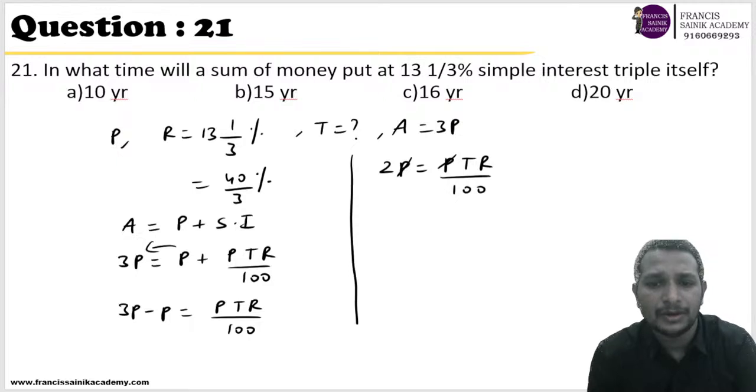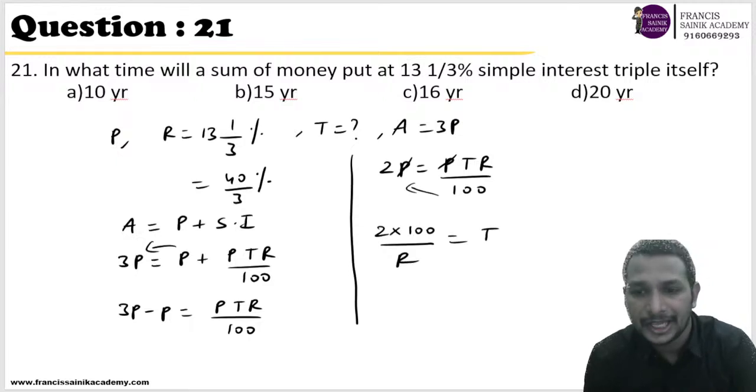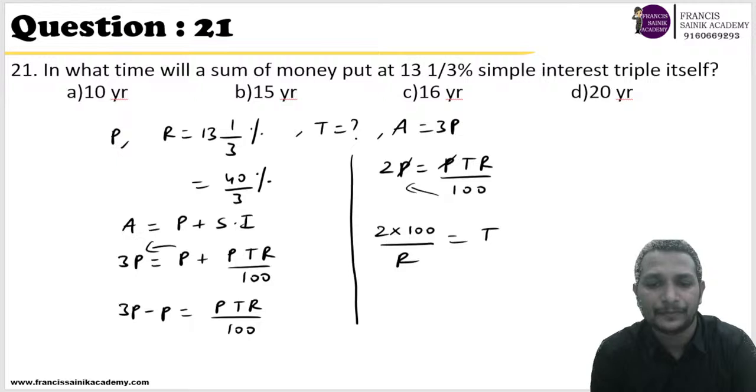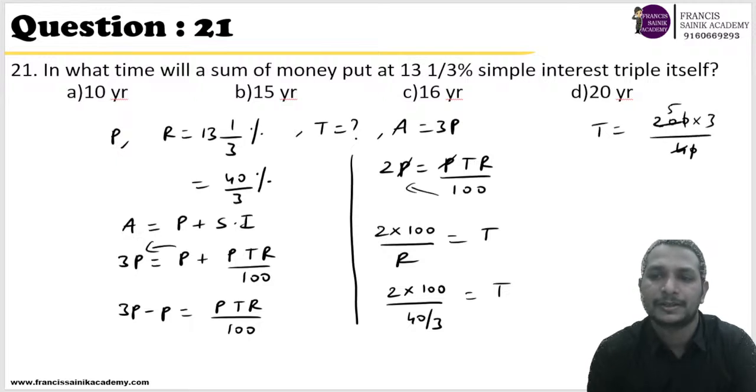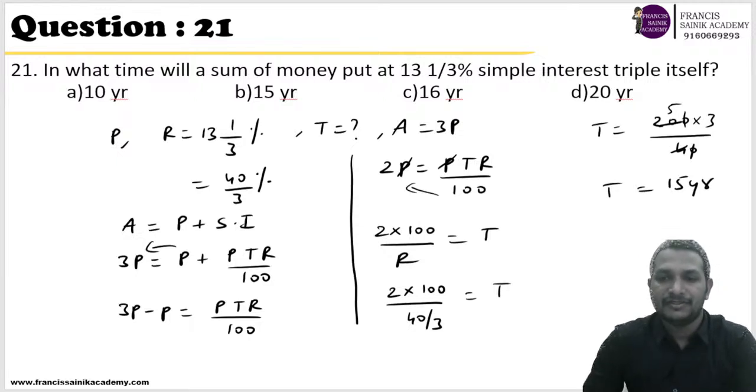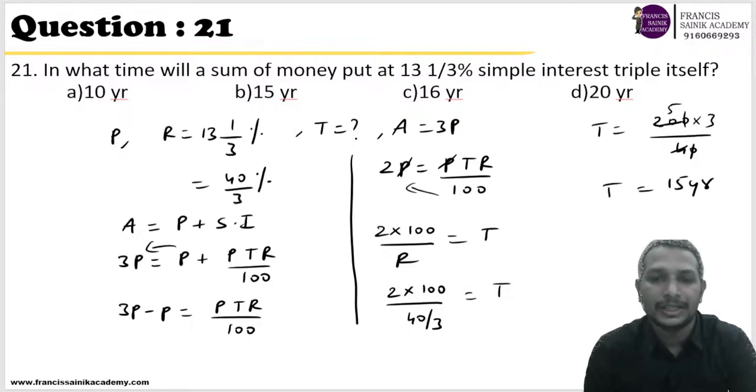Now this gets cross multiplied. 2 into 100 by R equals T, because here we are finding the value of time. What is the value of R? 40/3. Okay, time equals 200 into 3 by 40. 4 5s are 20, 5 into 3. Finally, we got the value of time as 15 years.